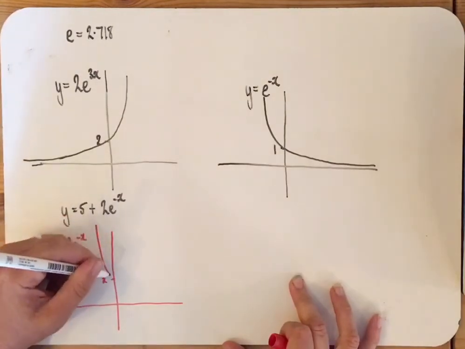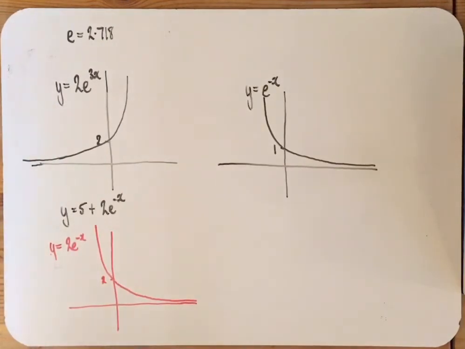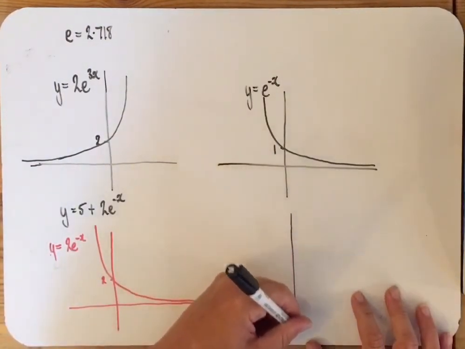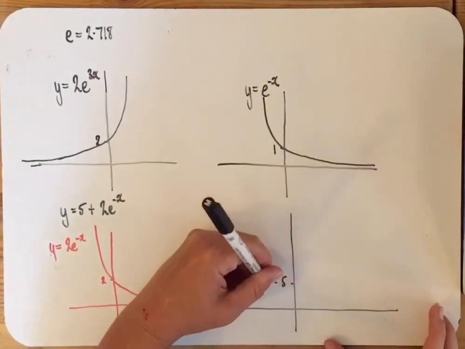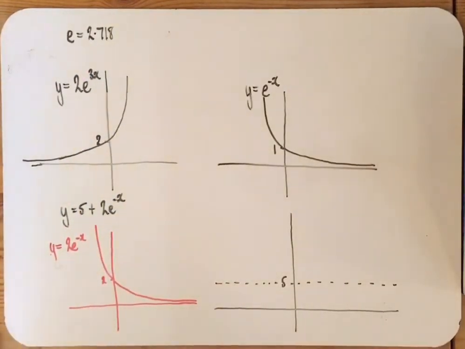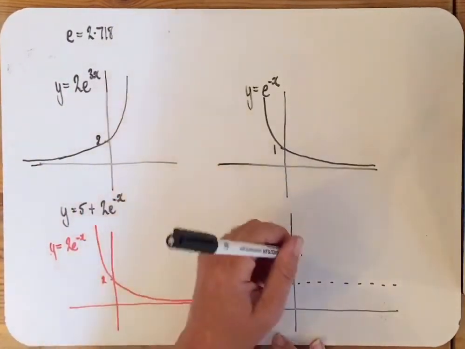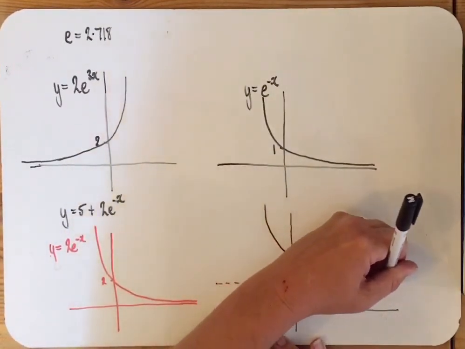And again, it's just getting the correct y-intercept and shape that we're interested in, and then adding 5 moves the curve up by 5. So you have to pick up the asymptote and move it up by 5. And then it's decay because it's negative x, so it's this one here moved up, so it's going through 7 and down onto the asymptote.